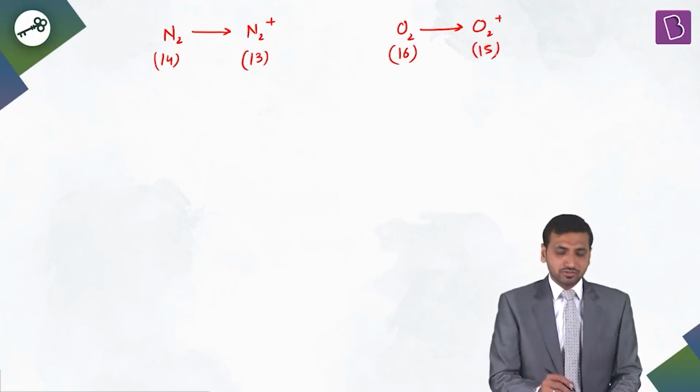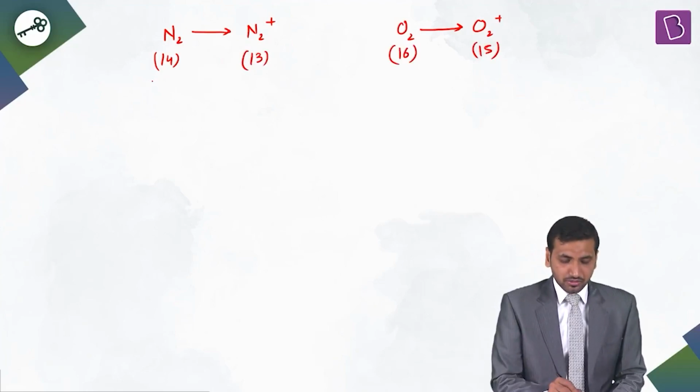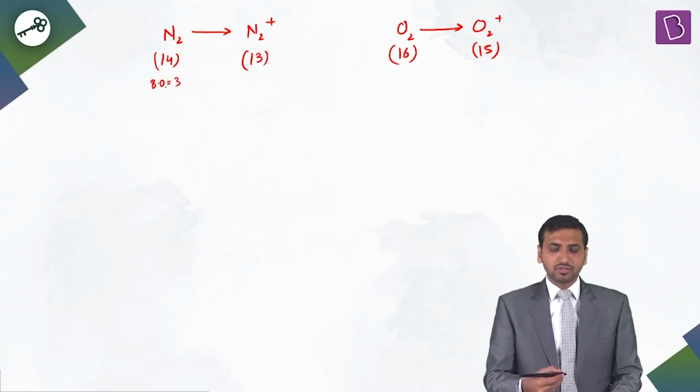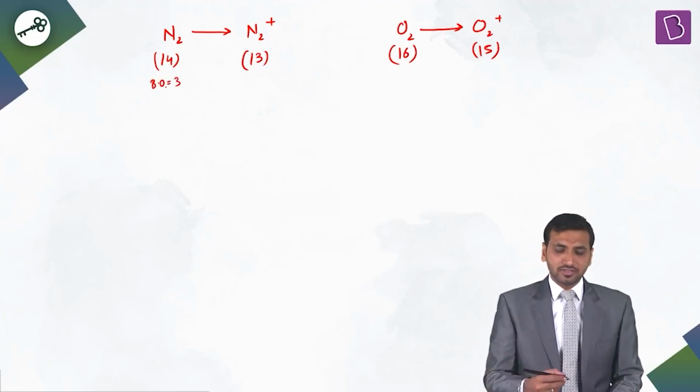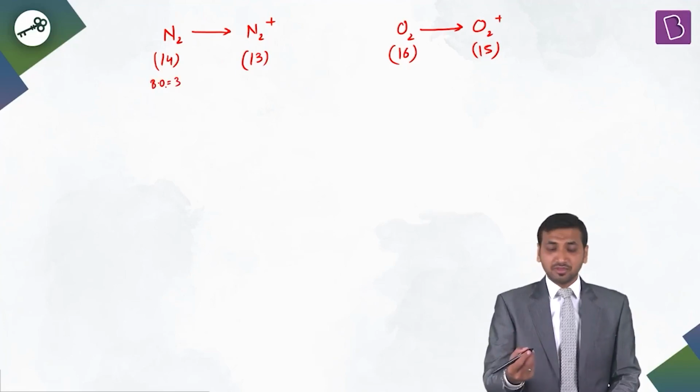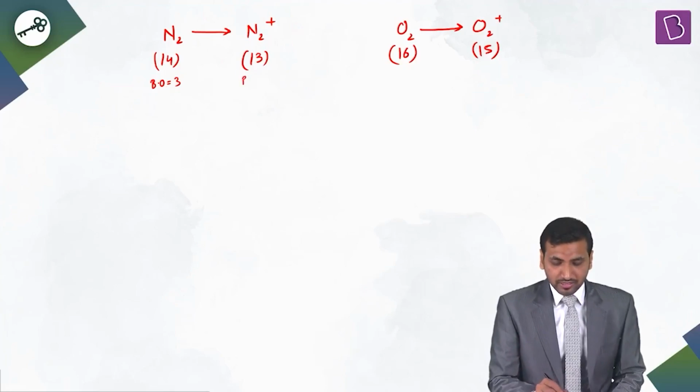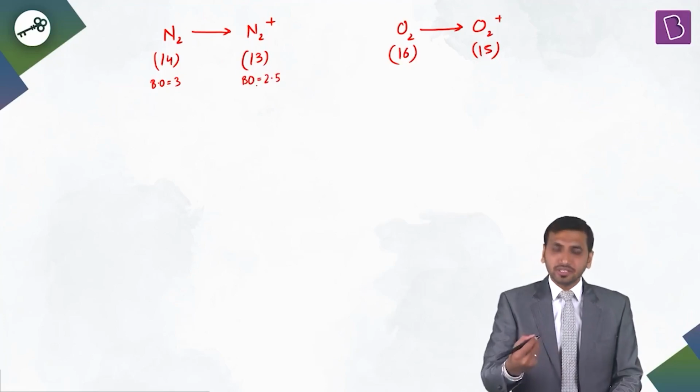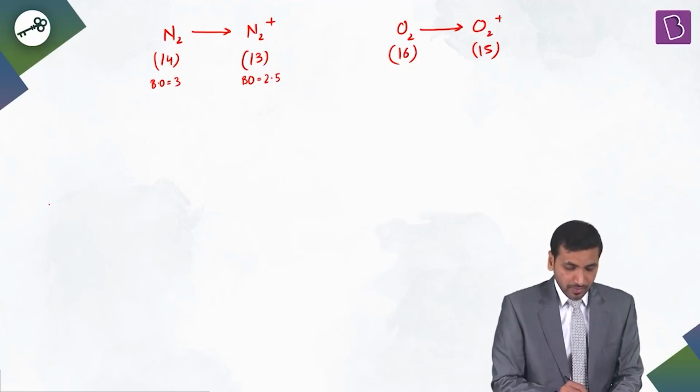We know by observation that bond order for N2 is 3. If you remove 1 electron, obviously there is no chance of increase in bond order. 3 is maximum in general. So bond order has to decrease. It will become 2.5. How am I doing this? I'll tell you. This is the cheat code.